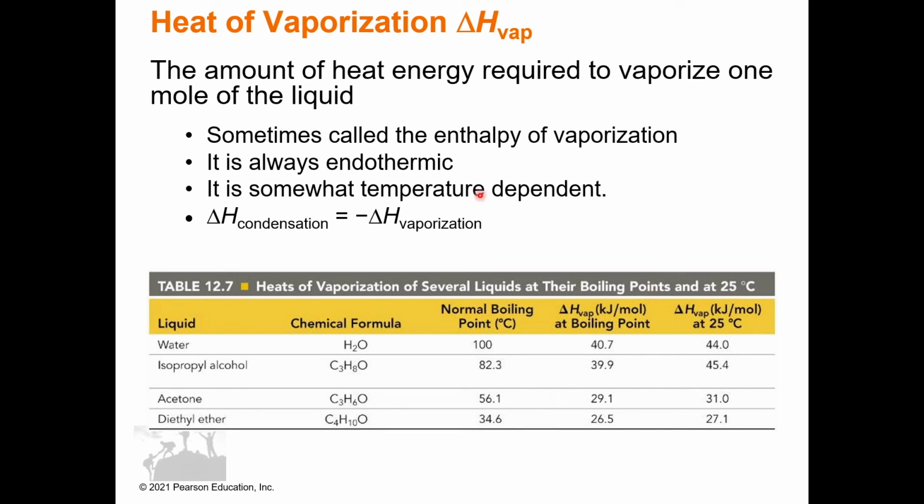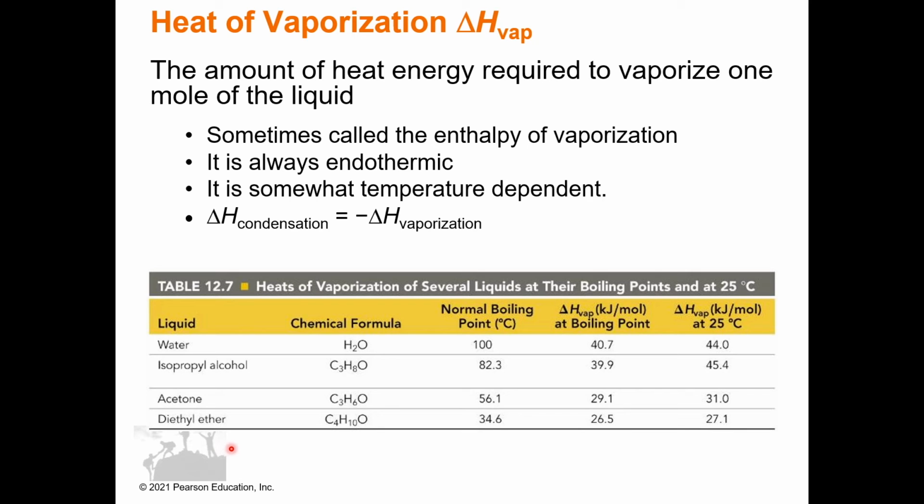Now, if you have this delta H value, delta H vaporization, then you'd know delta H condensation. It's going to be the same magnitude, but opposite in sign, because these two processes are opposites. Okay, so let's take a closer look at table 12.7.